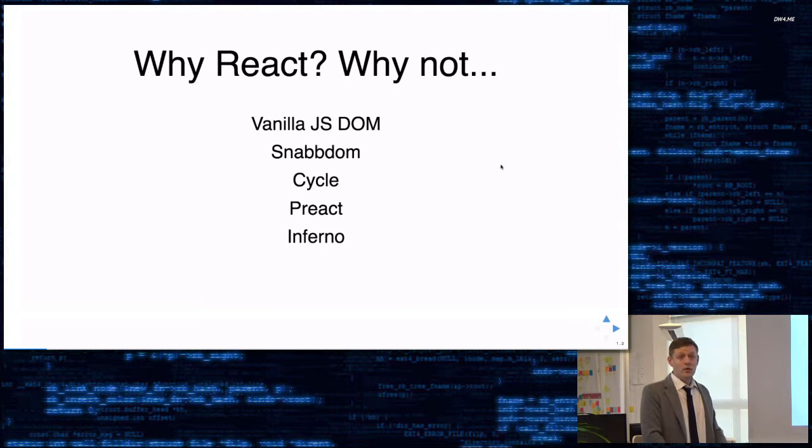I also use React. I've tried Snabbdom. You can also use vanilla JS DOM, and if you go into the functional programming world, people will point at vanilla JS, of course, because you're not a real programmer if you don't use the DOM. I would say the biggest competitor is Cycle.js, a framework.